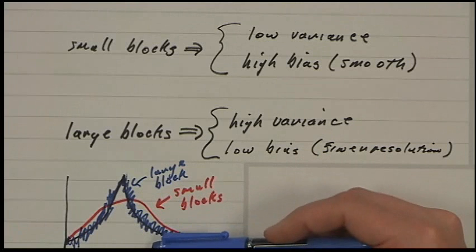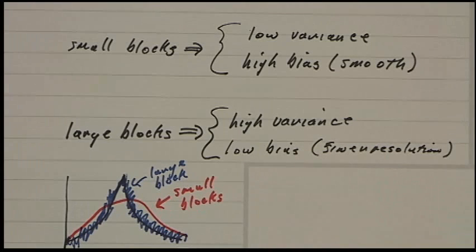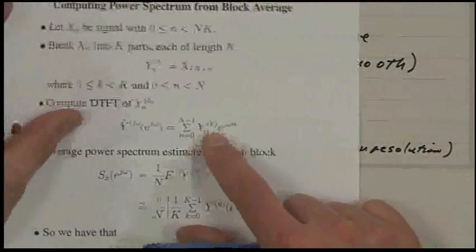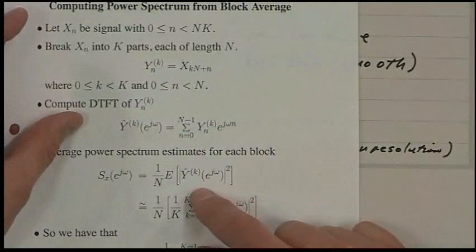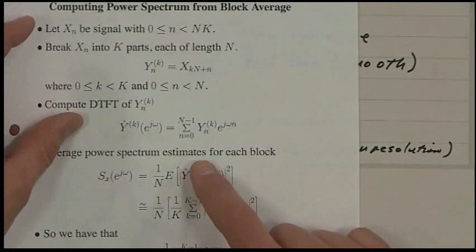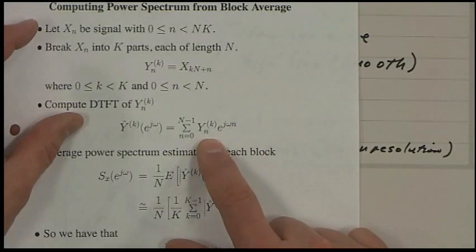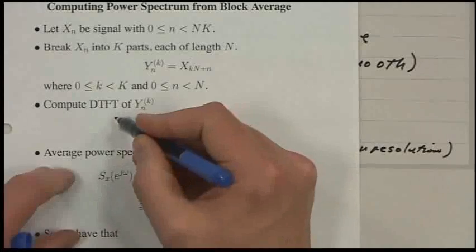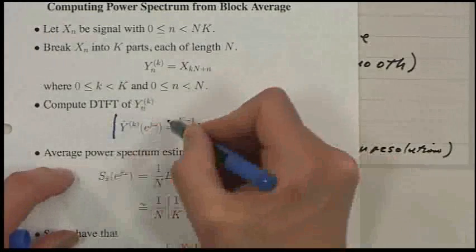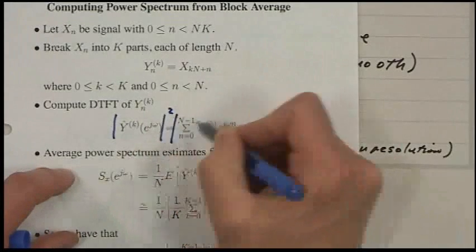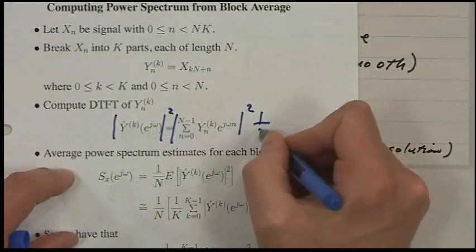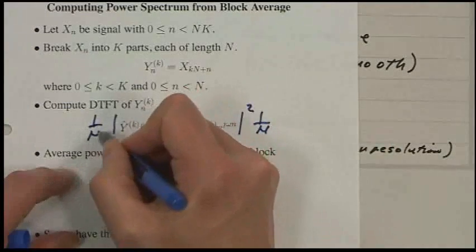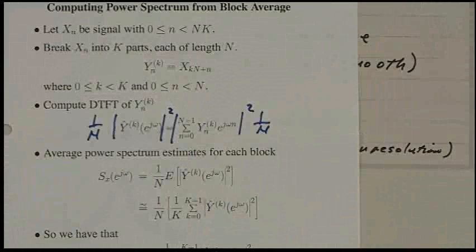Every power spectrum estimate, when we take the Fourier transform of this random process, before we take the expectation, if we just take the Fourier transform and square it, and divide by n, okay, we just take that quantity.